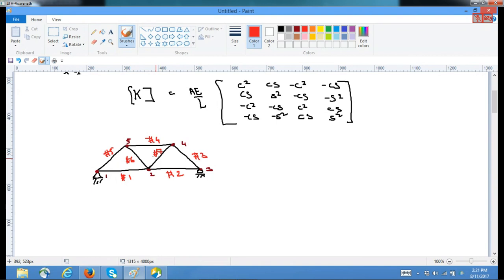Our degrees of freedom were u1, v1, u2, v2, u3, v3, u4, v4, u5, v5. That is, we had 10 degrees of freedom. This is u1, the first degree of freedom, this is v1, the second, third, fourth, fifth, sixth, seventh, eighth, 9, 10.